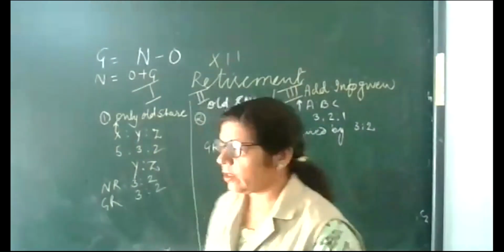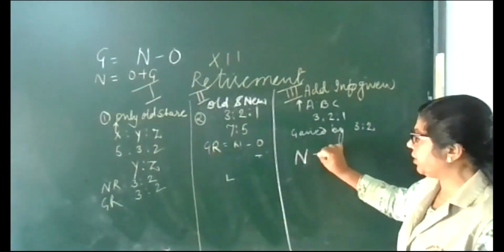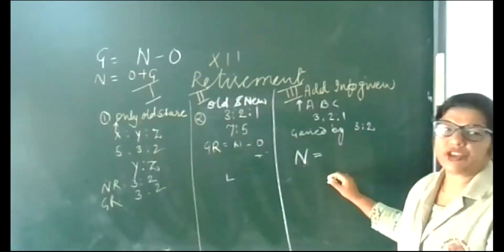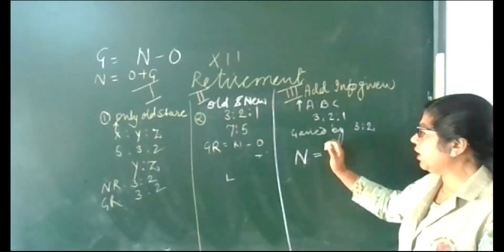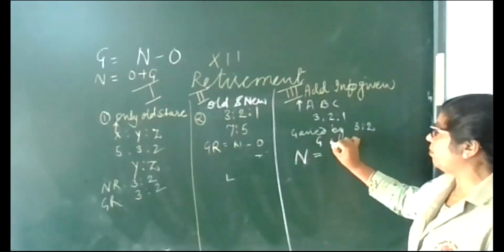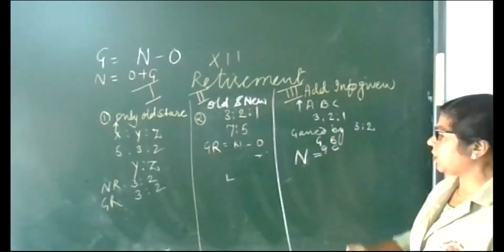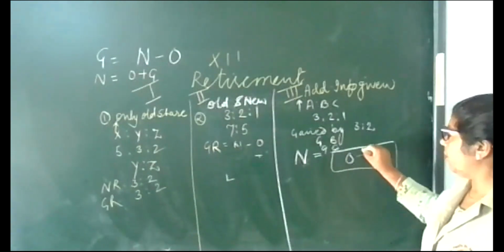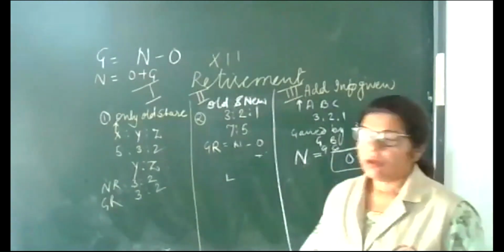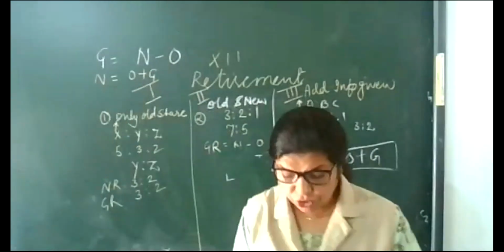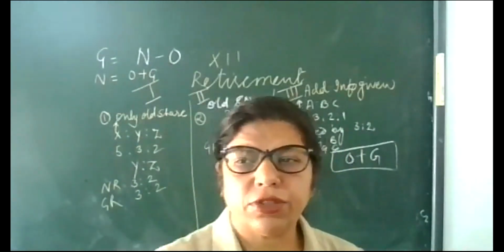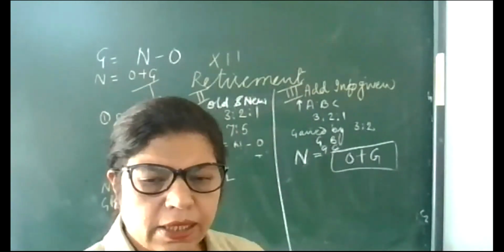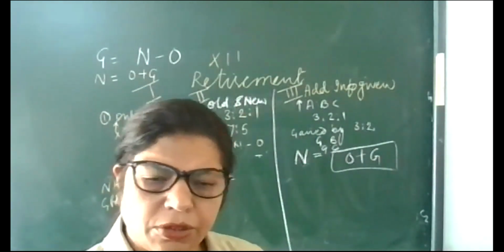So in this case, you will calculate the new ratio by a little bit extra calculation: first you calculate the gain of B, then the gain of C, then the simple formula, old plus gain. So today I completed all the 3 methods, and I'm sure this summary of all the methods will help you understand.